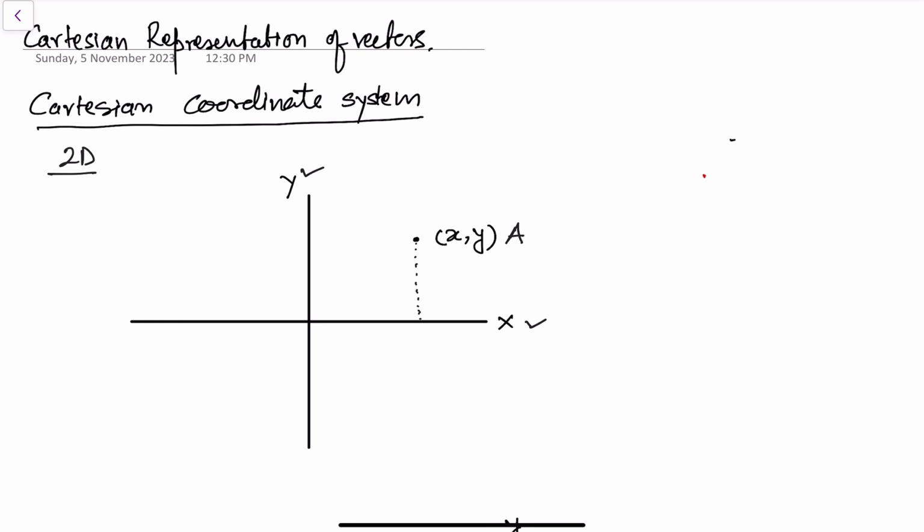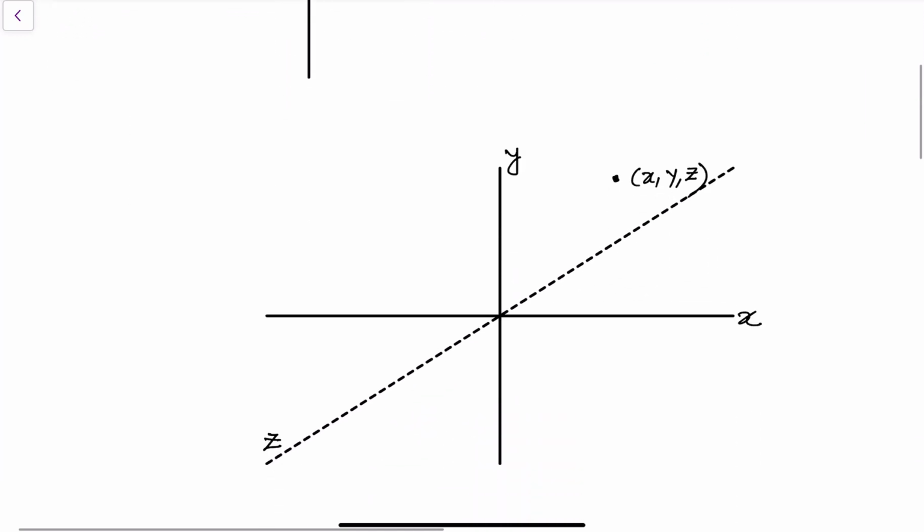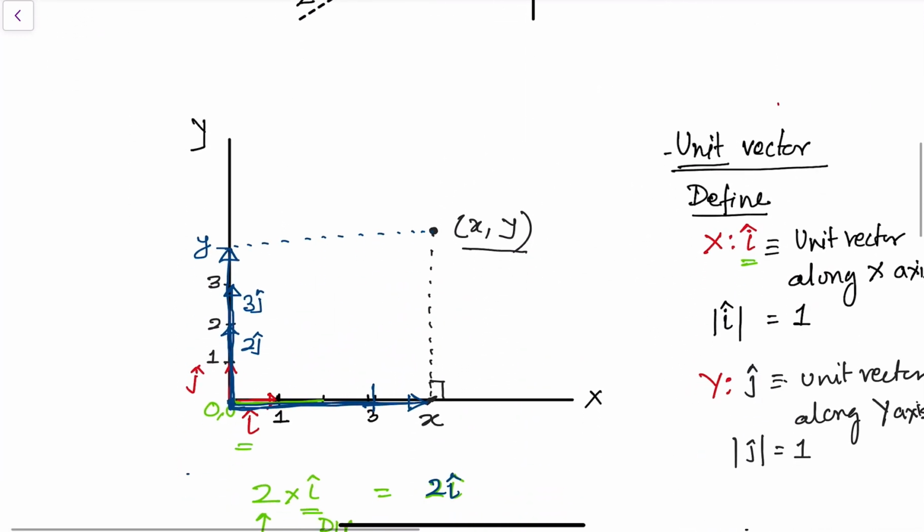What does it mean? It means that if you drop a perpendicular, on the x-axis it will cut at x, and on the y-axis it will intersect at y, while this is the origin. The 3-dimensional coordinate system we will learn later.